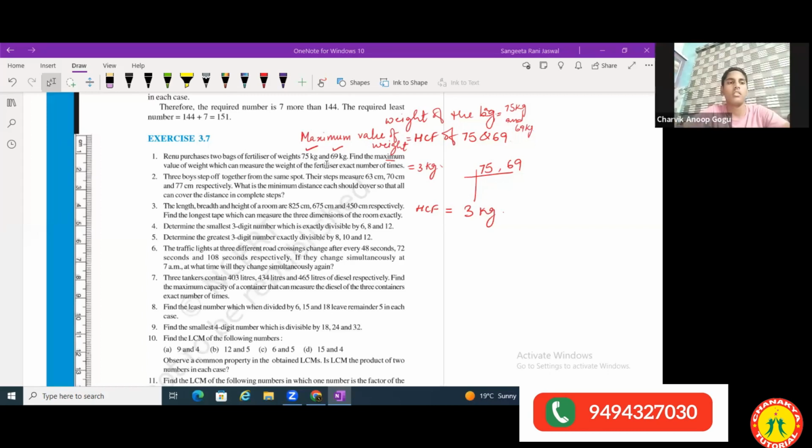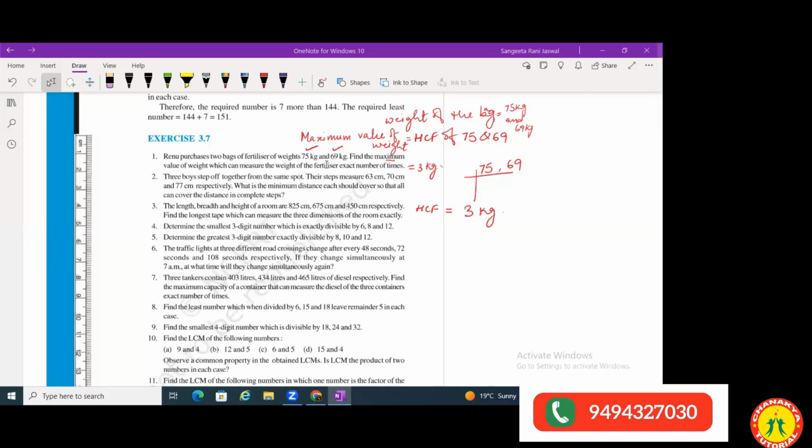So it's basically telling us that 3 boys step off together from the same spot. The first boy's step measures 63 centimeter, the second one is 70 centimeter, and the third one is 77 centimeter.